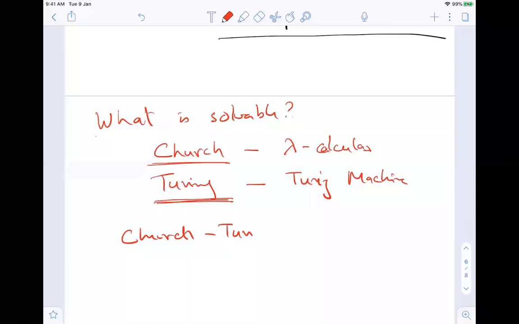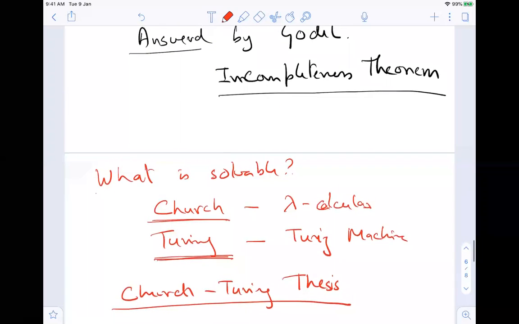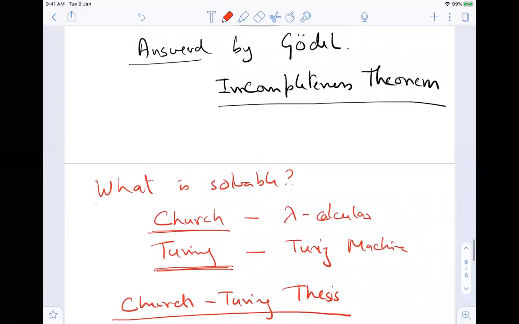Now, I should state here that this is a thesis. What does the thesis mean? There is no formal definition, and there is no proof that this is solvable. The Church-Turing thesis says that, I think this is solvable. You start with that, and people accepted it. It has been challenged many times, but right now it's accepted.